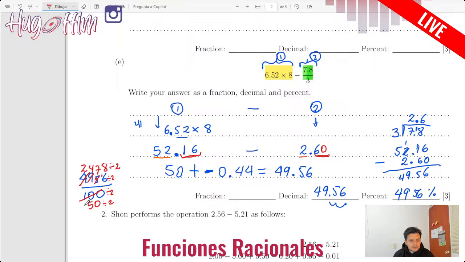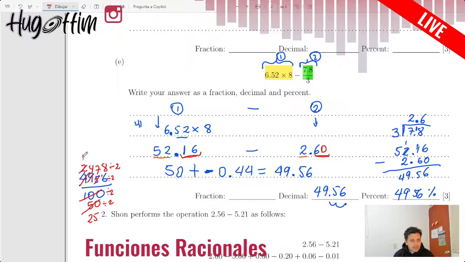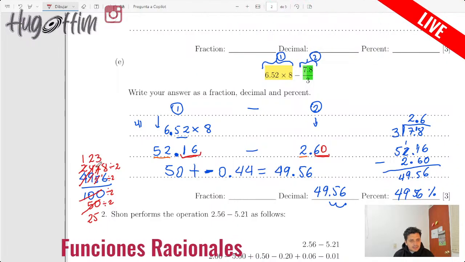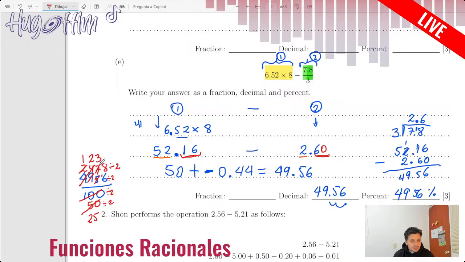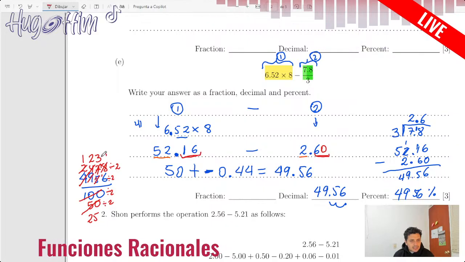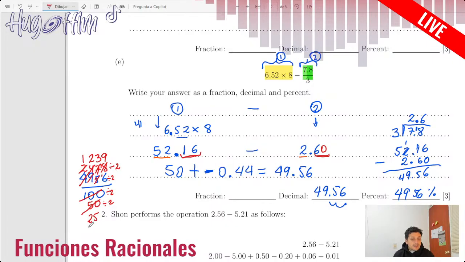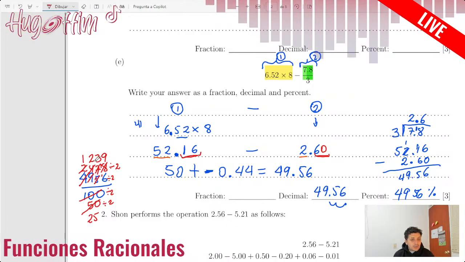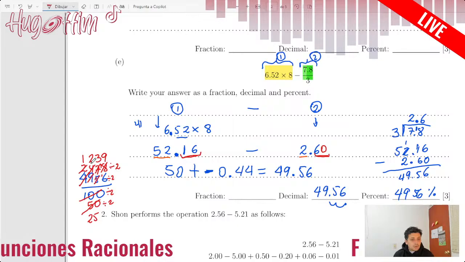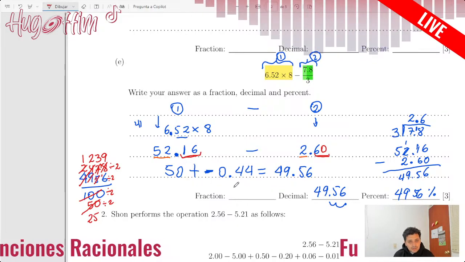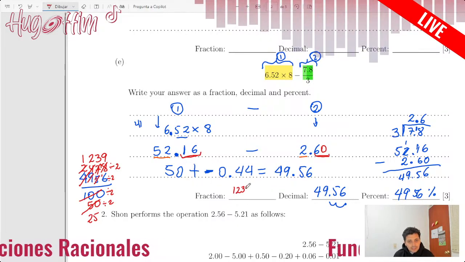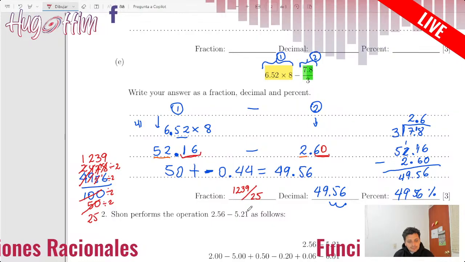And here I'm going to divide by 2, so 1,239. 25 is divisible by 5 only, and 1,239 is not divisible by 5. So my answer is going to be 1,239 over 25.